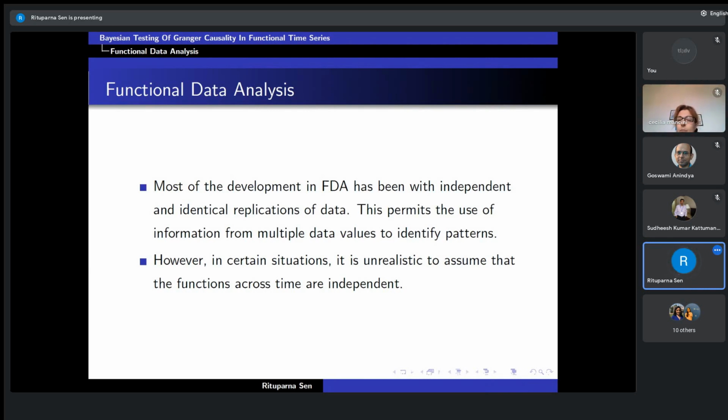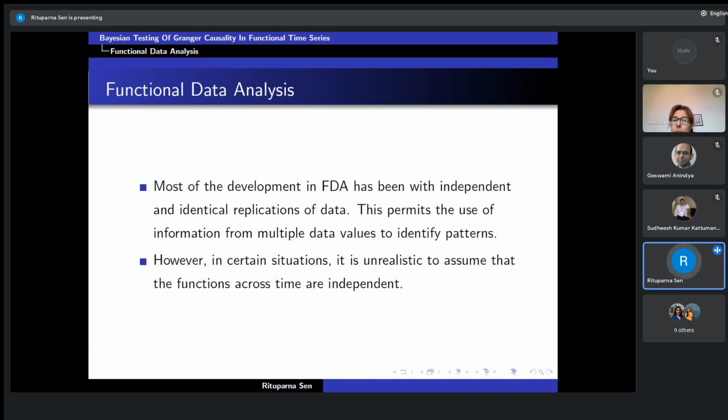Each day was the support of the function, and at different points in the day I had the spot volatility, and I was trying to model that, and we did, and it also got published. But the main problem that we had convincing the referees was, why am I considering the observations across different days to be independent? Volatility tomorrow is dependent on volatility today.